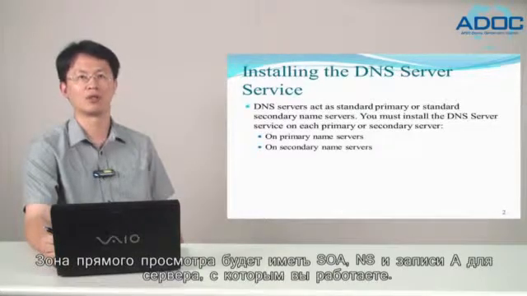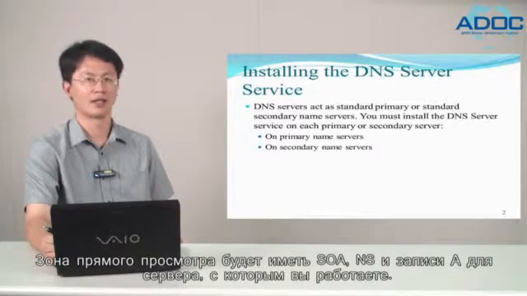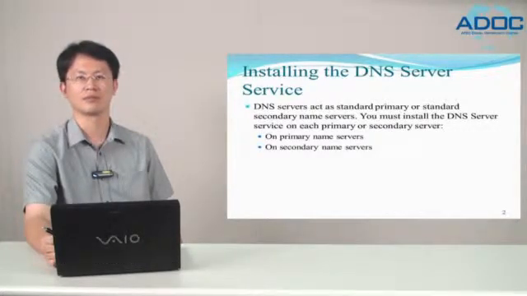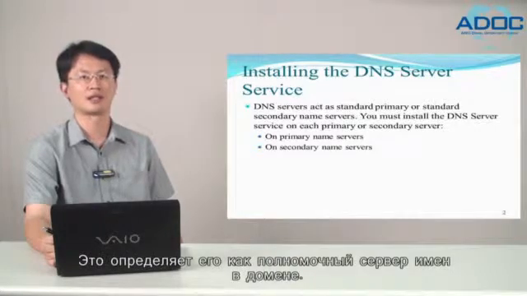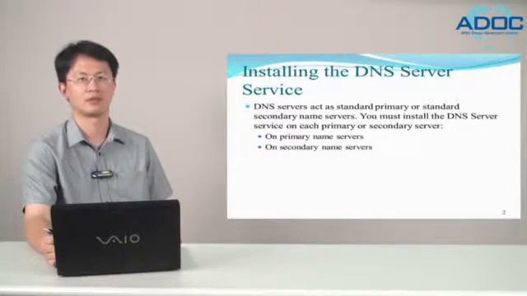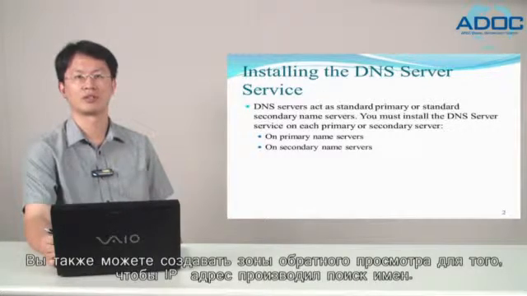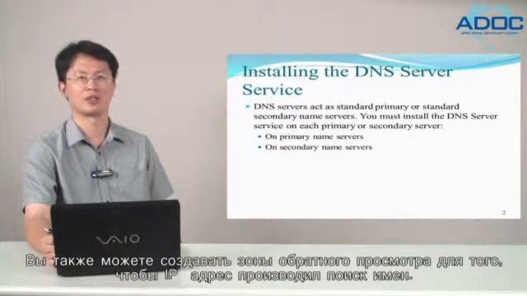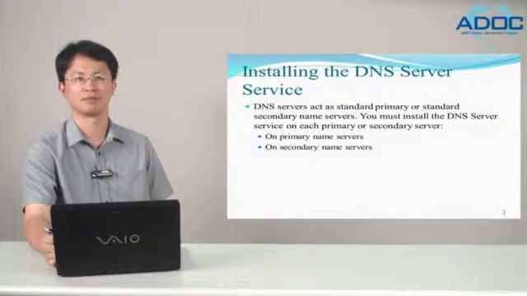The forward lookup zone will have SOA, NS, and A records for the servers you are working with. These designate it as an authoritative name server for the domain. You can also create reverse lookup zones to allow for IP address to host name lookups.